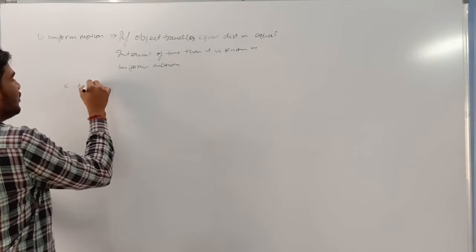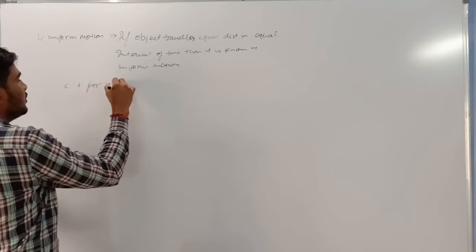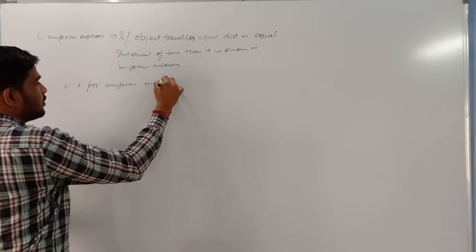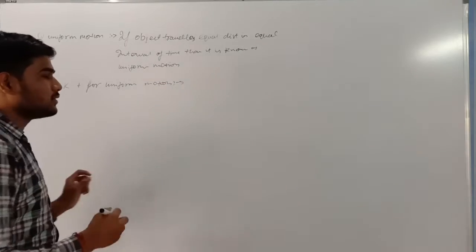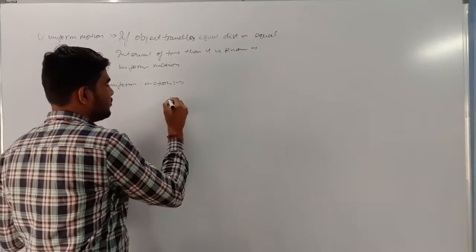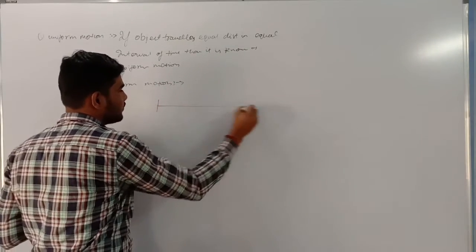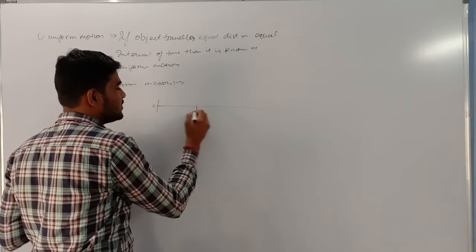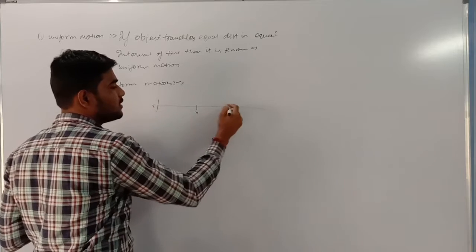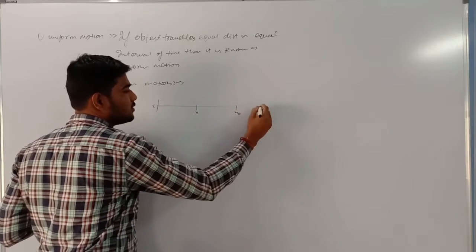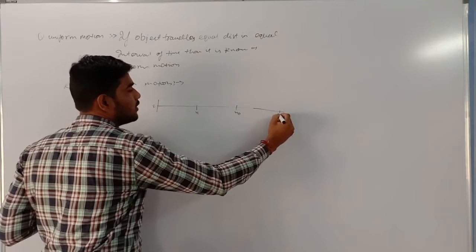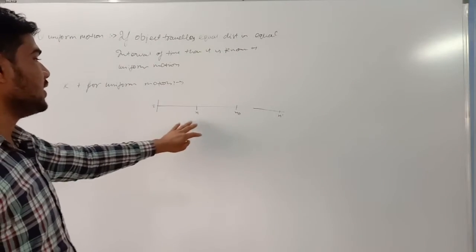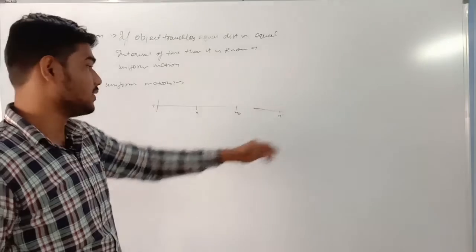Kinematic formula for uniform motion. Okay, what is that? Let's see. If an object starts from point O, it travels a distance from 0 to x, and from x to x naught, and then to x dash.